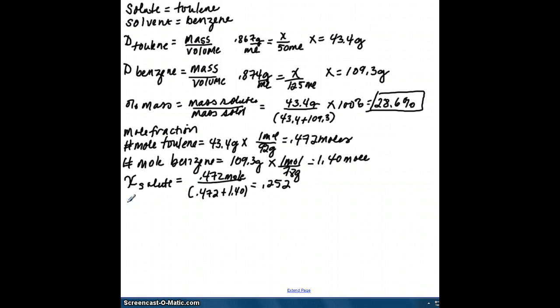Okay. Next, let's solve for the molality. Molality is equal to the moles of the solute over the kilograms of the solvent. We have determined the number of moles of the solute to be 0.472 moles.